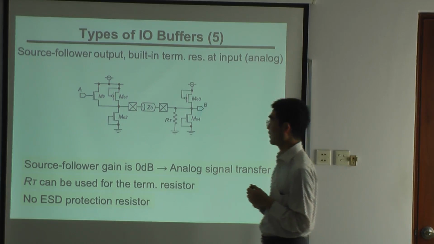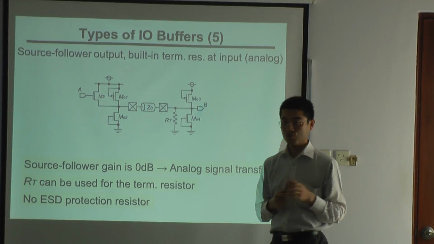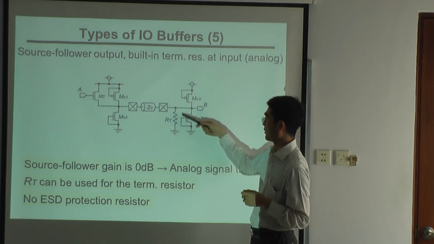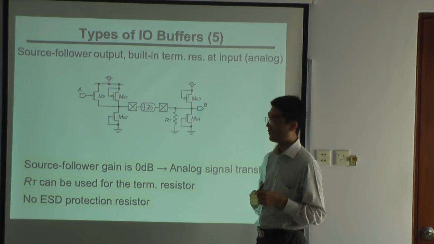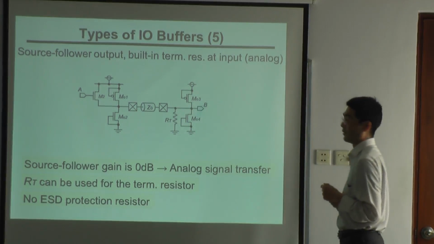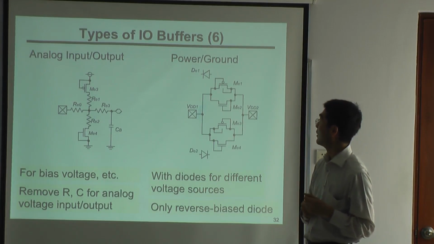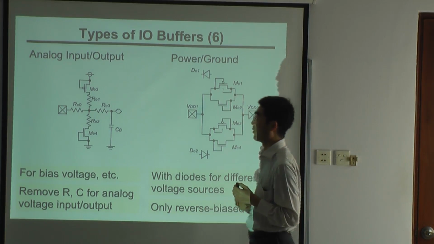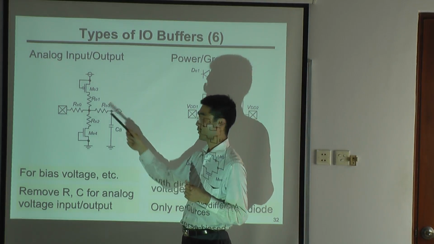And in this case, we have the termination resistance here, and the other line buffer is just an analog input and output.